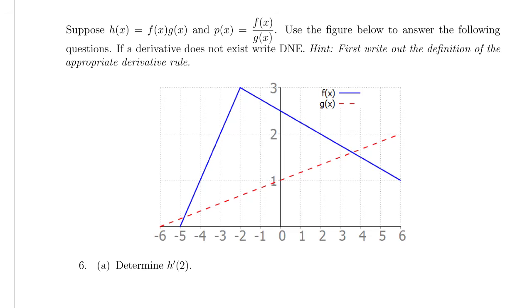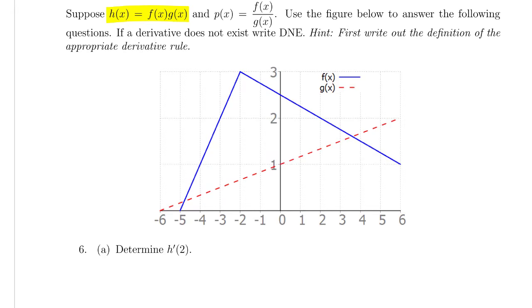If we want to know the value of h prime of 2, given that h is defined here to be the product of f and g, first we can recognize that the derivative of h is precisely the product rule in terms of f and g. So h prime is equal to f prime times g plus f times g prime.